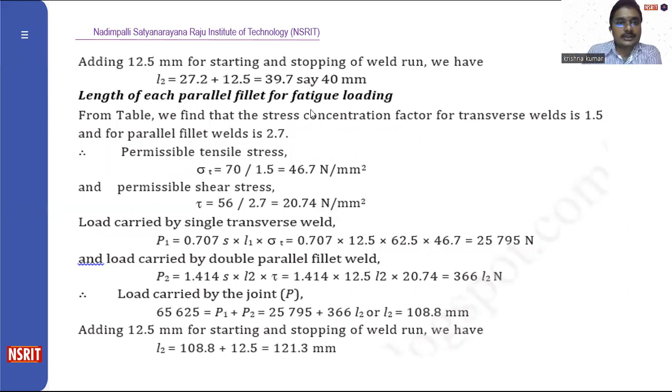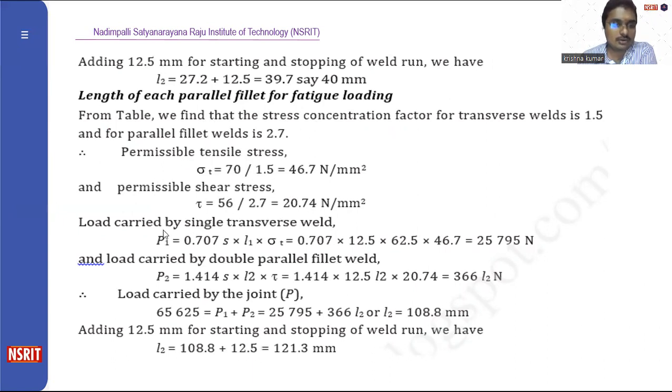Next, the length of each parallel fillet for fatigue loading. The permissible tensile stress sigma t is 70 by 1.5, which is 46.7 Newton per mm square, and the permissible shear stress tau is 56 by 2.7, which is 20.74 Newton per mm square.